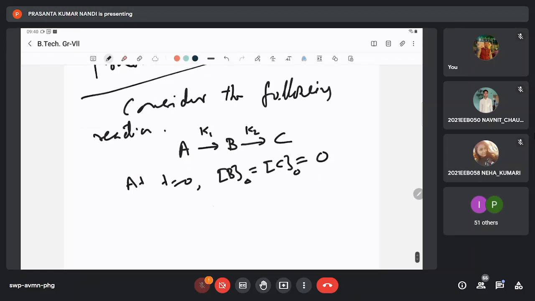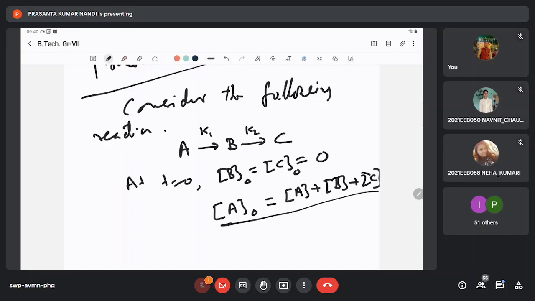And at any time, as you know, the total concentration A0 must be equal to what? The concentration of A, B, and C at any time. Conservation of mass that you know. The total initial concentration of A at any time must be equal to this because of the 1:1:1 situation.